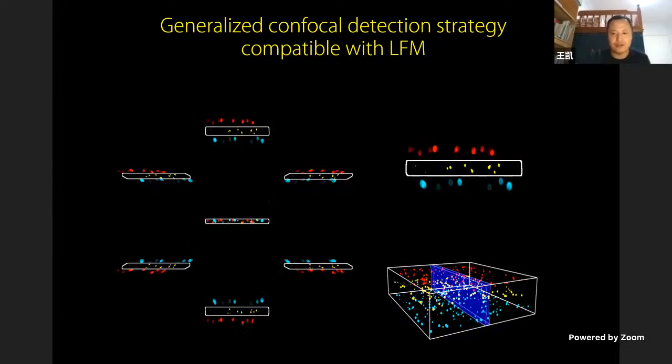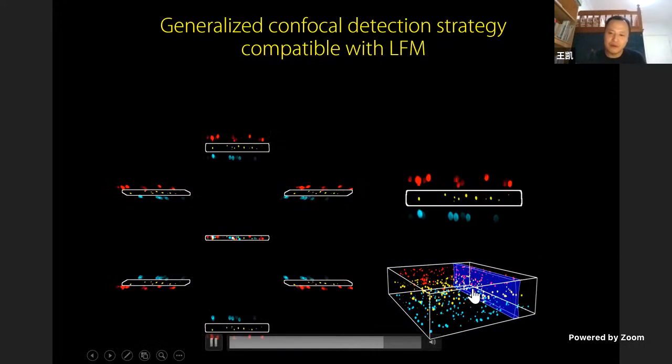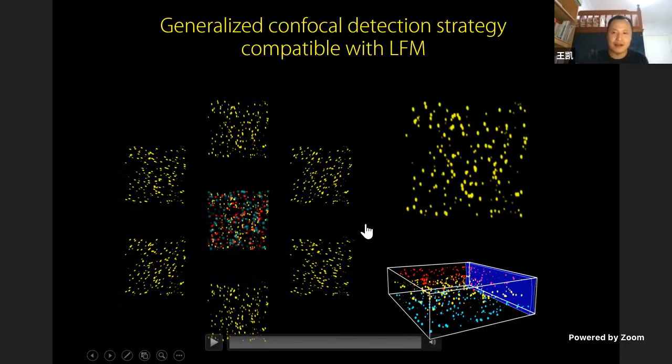I hope you can see this video. When we scan the light sheet and we also scan this mask together, then we can extract the focusing volume in yellow only and block most of the background in red and cyan.